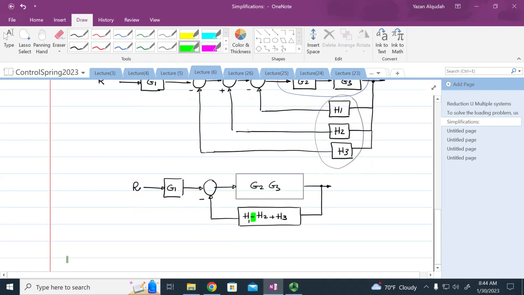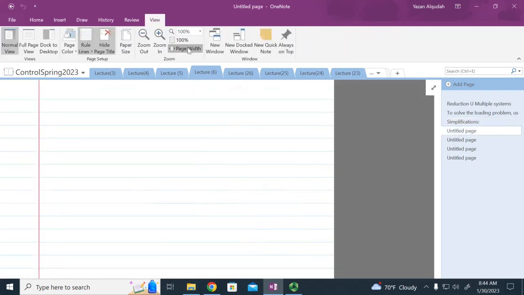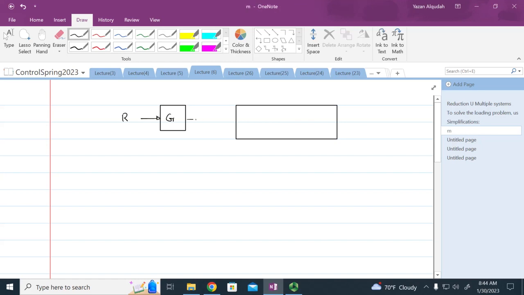Okay, so what do we do next? We can take this loop, and this is a feedback loop. What is the equivalent of this going to equal? So we have R, this is G1.